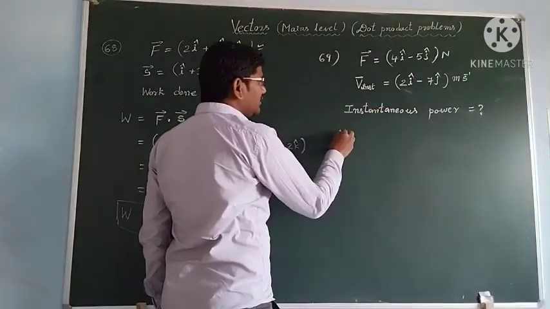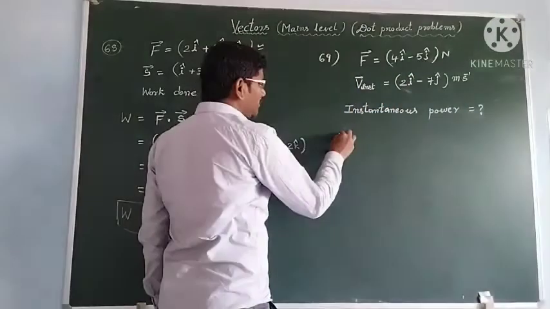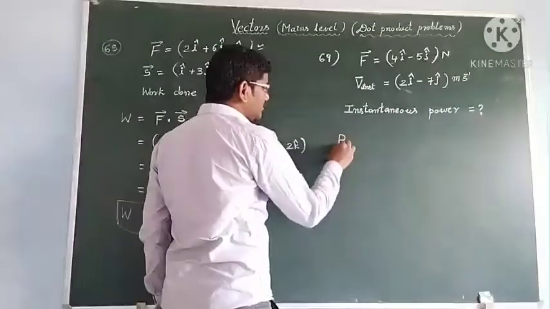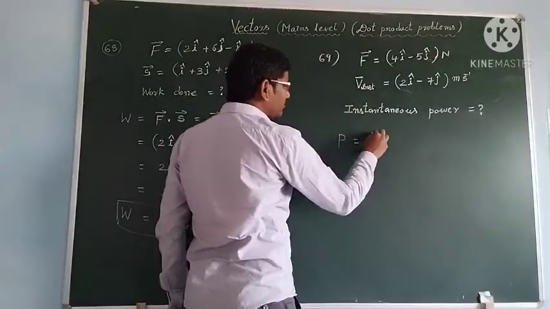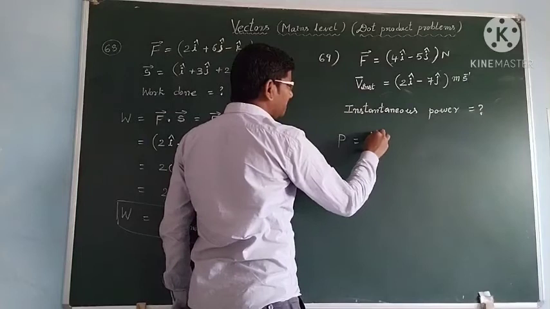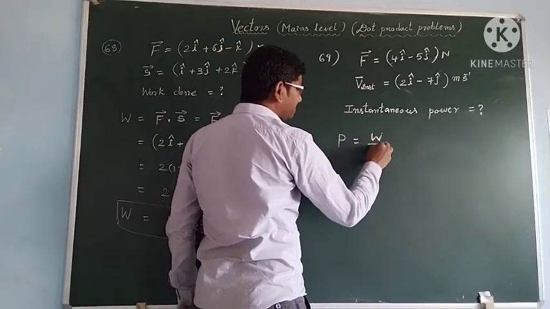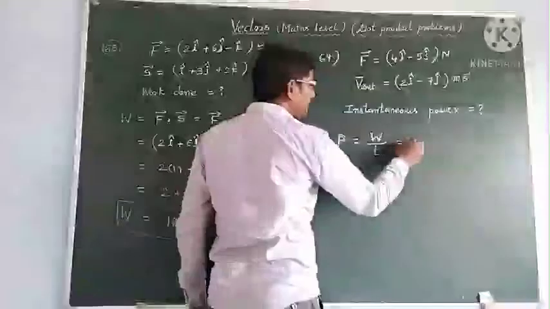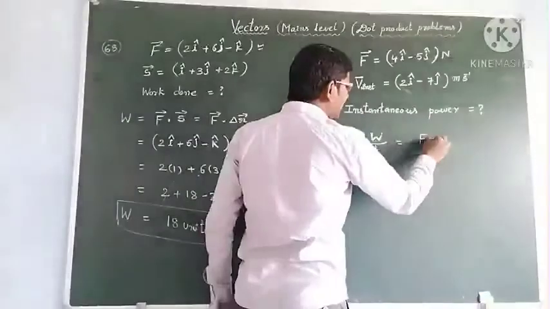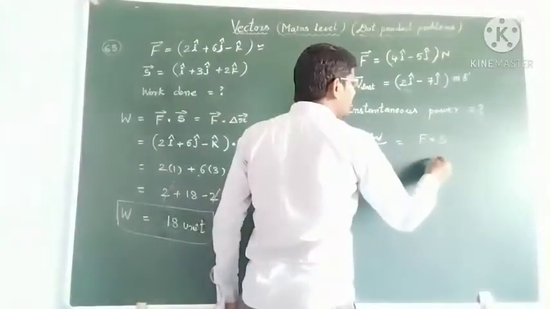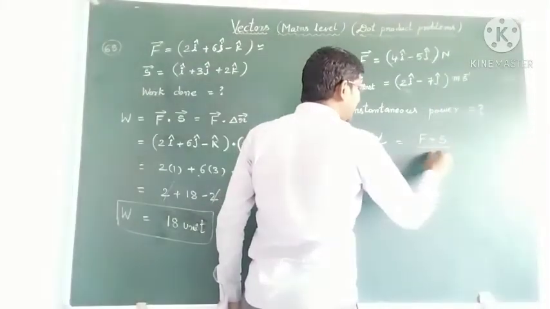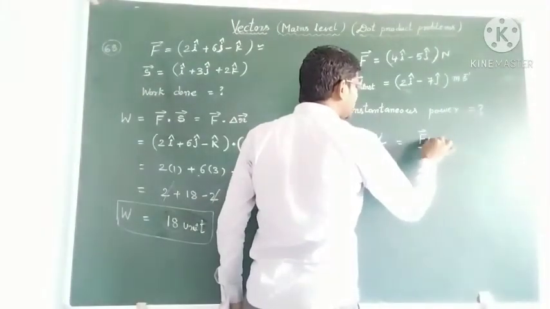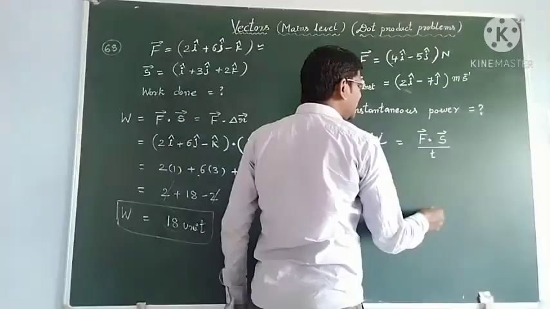Now we know the power formula is work by time, and the formula for work is force into displacement, or you can write F bar dot S bar by t.